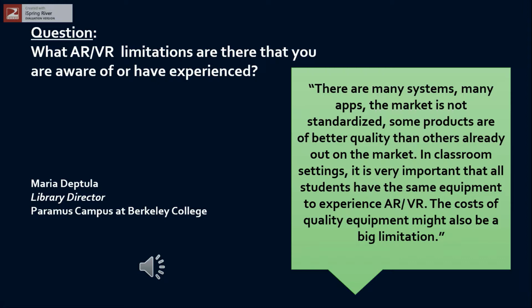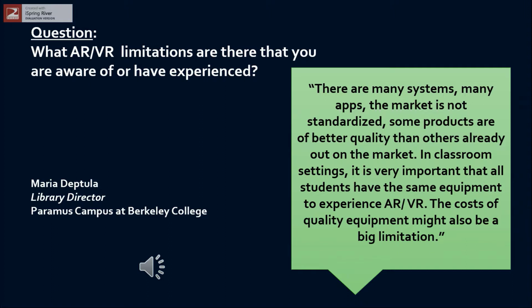Okay, and what are the limitations of some of these technologies? What we found is that there are many different systems. It's not standardized. There are many different apps, and the market is totally unstandardized. So different vendors, different producers use different technologies. No, the technology is the same. The tools are different, and we need to aim for standardization in academia, because otherwise students are going to have too many options, and schools will not be able to offer them.